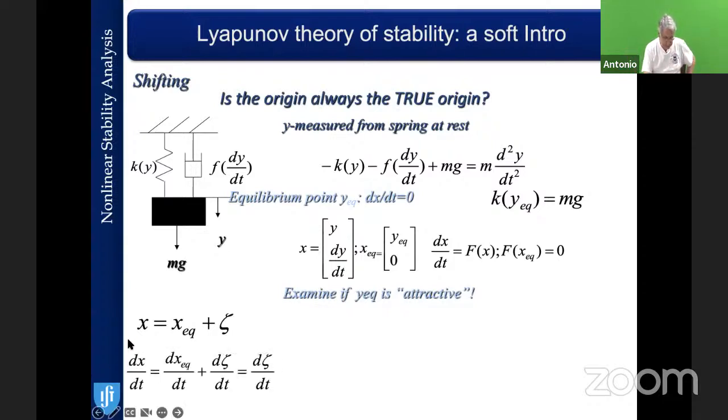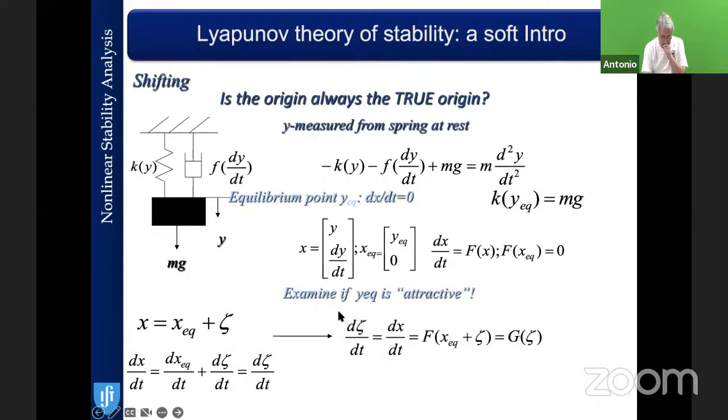So when I do dx dt, I get d x equilibrium dt, which is zero, because x equilibrium is a constant, plus d psi dt. So instead of studying x, you are now going to study psi. And it so happens that d psi dt is the same as dx dt.